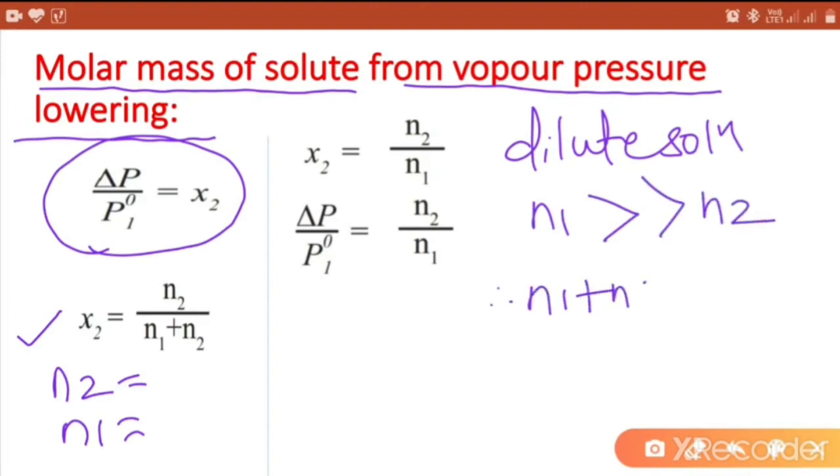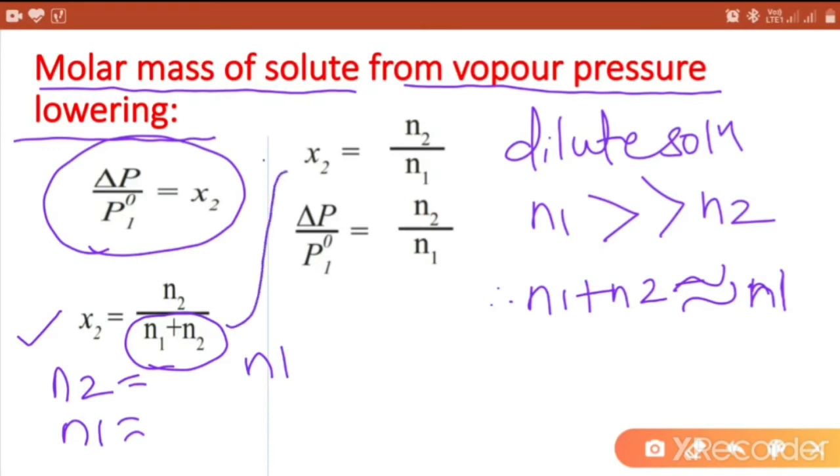Therefore, n1 plus n2 becomes nearly equal to n1. So this equation is converted into x2 is equal to n2 divided by n1, and this x2 is equal to ΔP divided by P1⁰. So it is written that ΔP divided by P1⁰ is equal to n2 divided by n1.